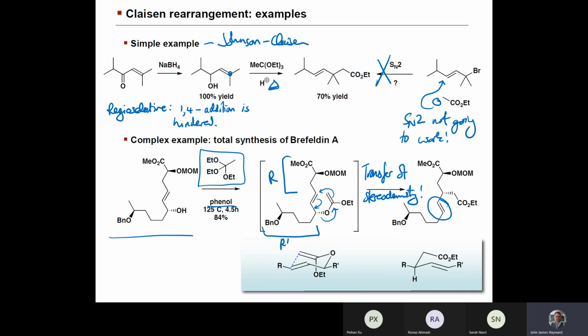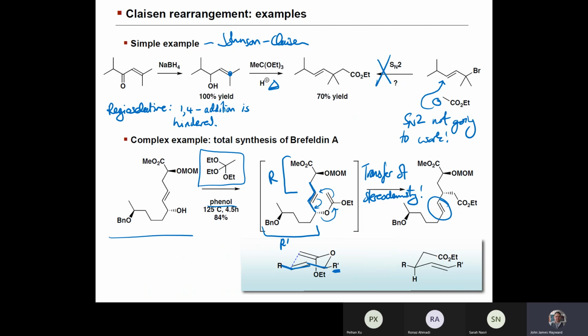Okay, so we're putting R prime into our pseudo equatorial position, and R is going where it goes because it's on the other end of a trans double bond. Okay, this is trans, and it is trans here.